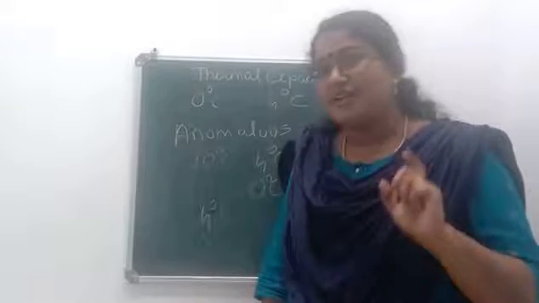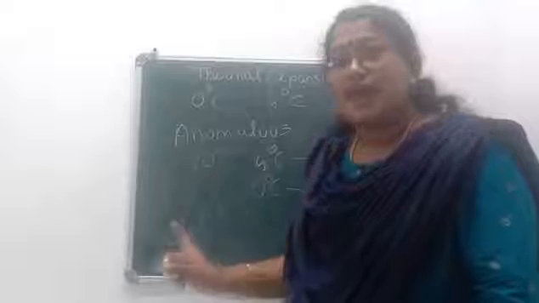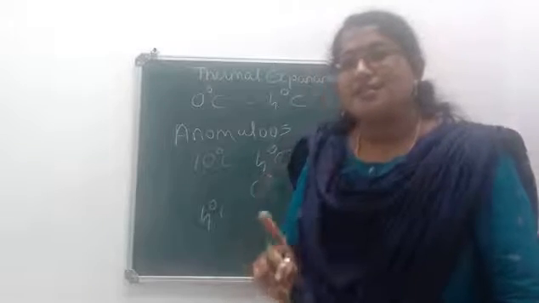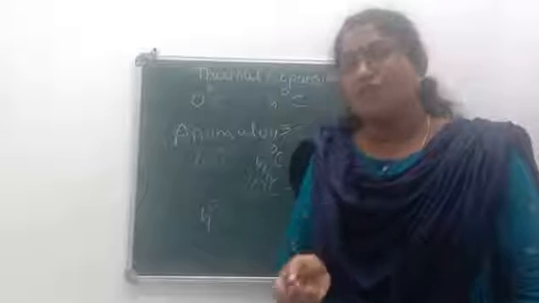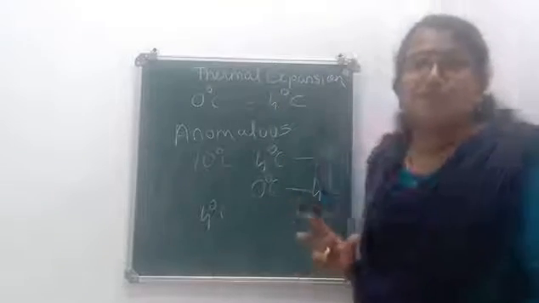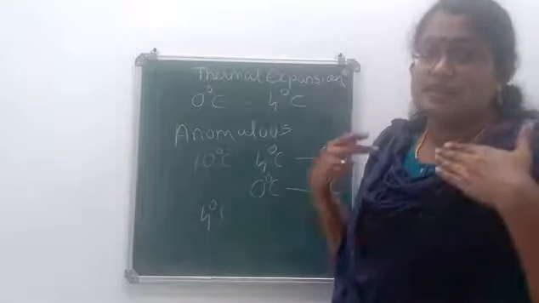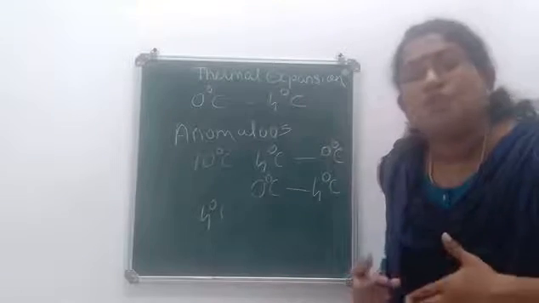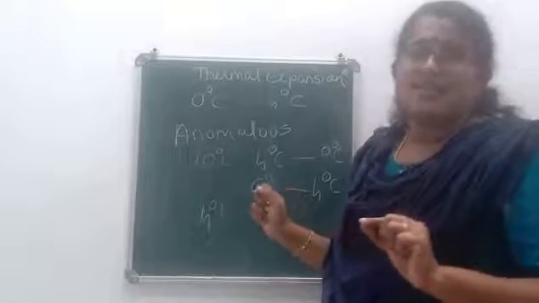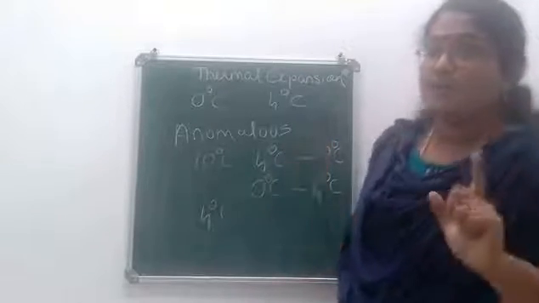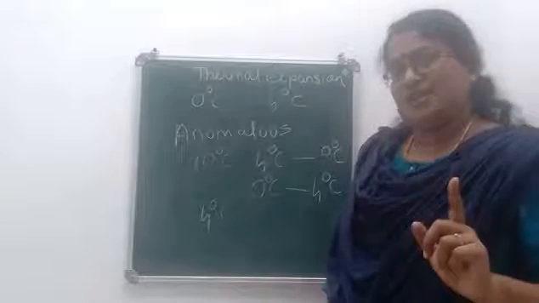So why are we writing it as 4 degrees Celsius? Because water has maximum density at 4 degrees Celsius. So when we are doing the experiments, or writing the equations, we usually write density of water at 4 degrees Celsius, because water has maximum density at 4 degrees Celsius.